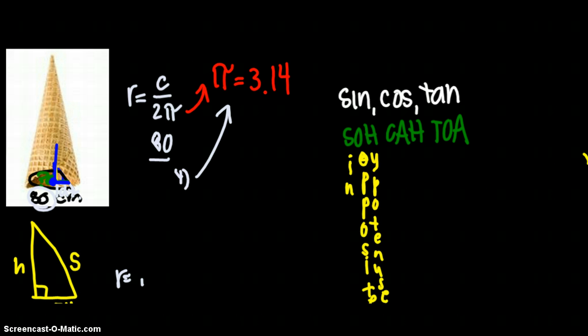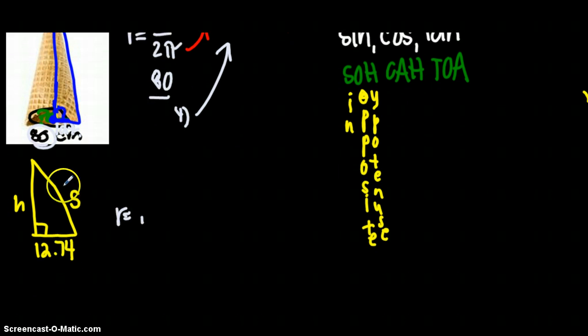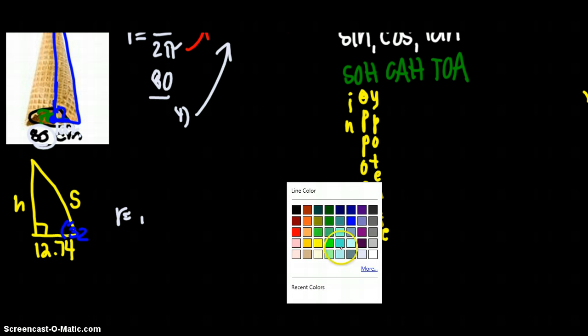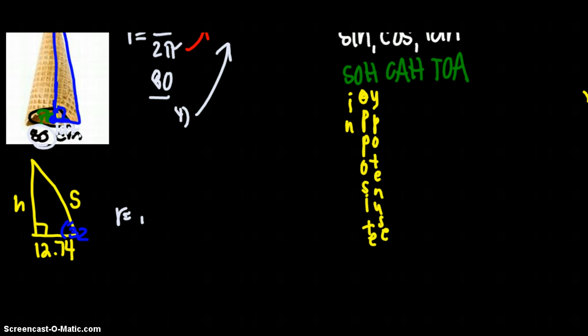Okay, using this information, we can see our right triangle here and here, that we have the angle of 32. Using this one angle that we know, we can use sine, cosine, tangent to figure out how to solve for these. So let's start out with sine.